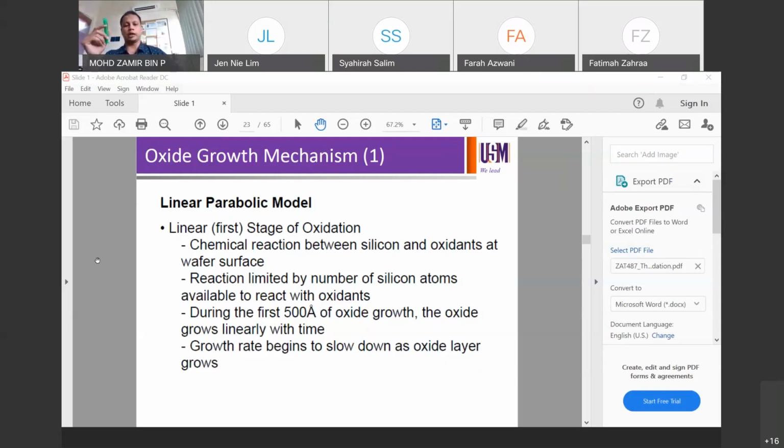Bila saya sebut higher or lower number of silicon atoms, what comes to your mind? What could be the difference between when do you get higher number of silicon atoms and when do you get lower number of silicon atoms? What do you think? The reaction is limited by the number of silicon atoms. Bila kita ada higher silicon atom, bila kita ada lower silicon atoms?